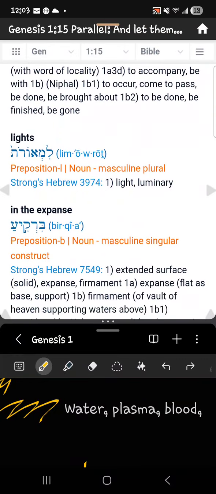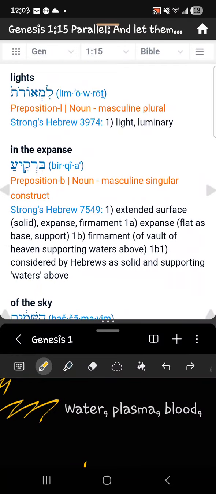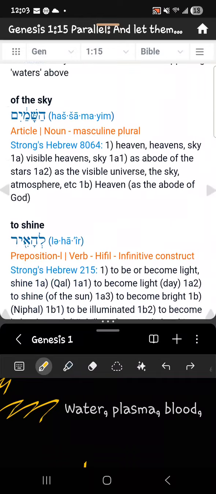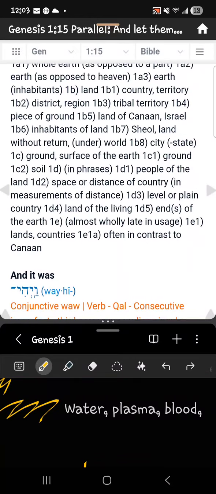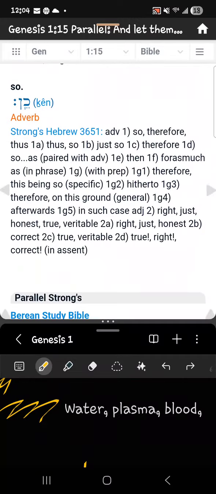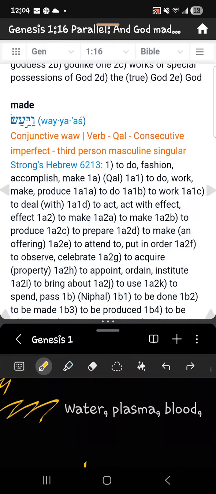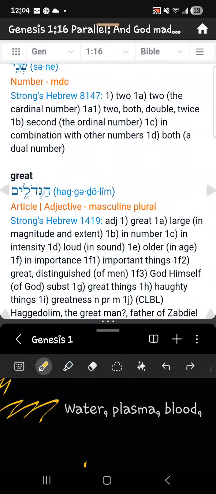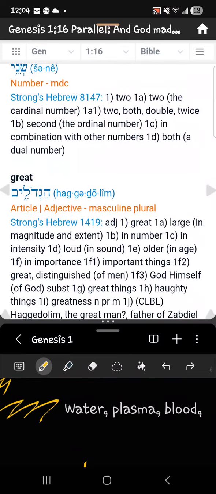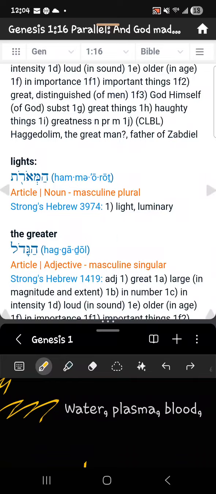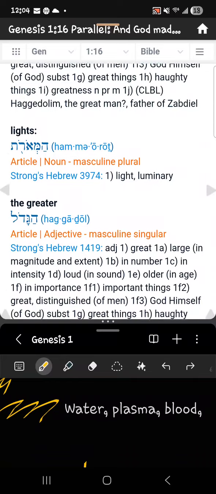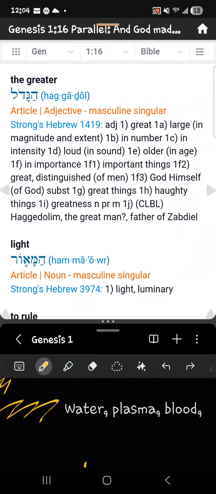And let them serve as lights in the expanse, luminaries, okay, of the sky, to shine upon the earth. And it was so. Khan. Allah Hayam made two great lights, Shanai Ha-Gadalayim Ha-Ma'araf. All right, two great lights. Ha-Gadal Ha-Ma'awar.